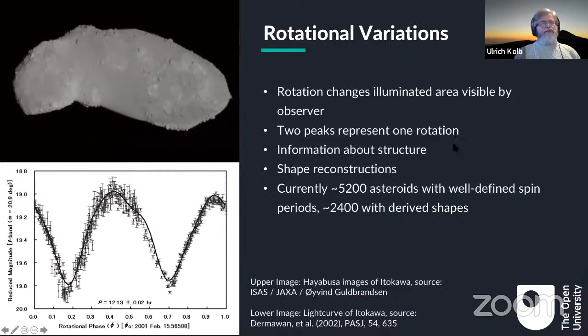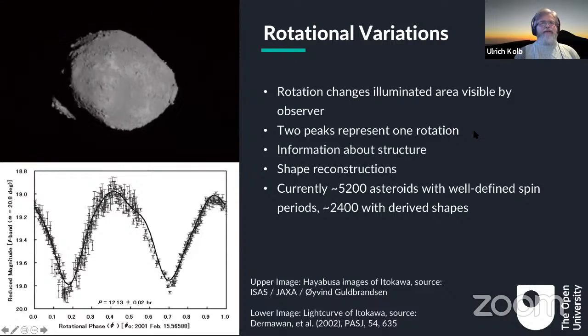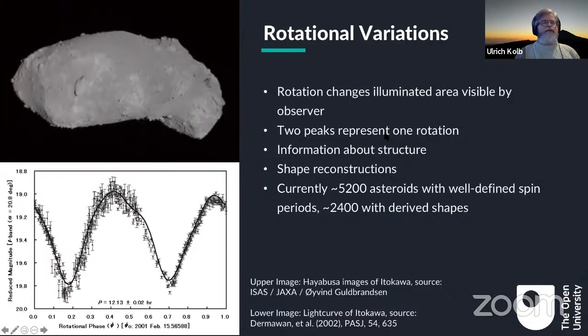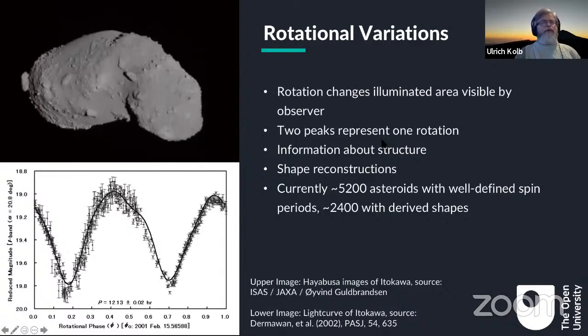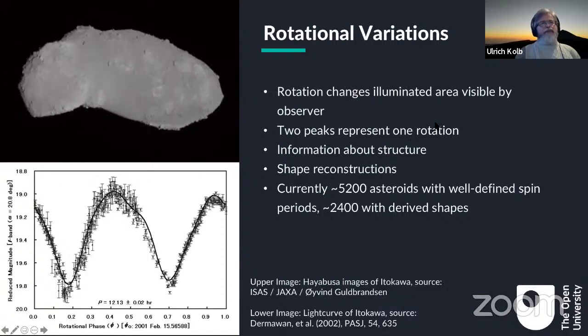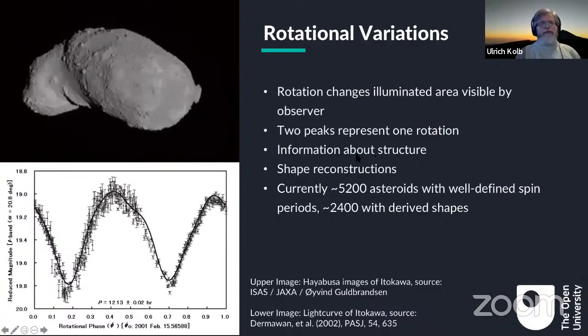So these asteroids, and they are not always nice and spherical, rotate. And depending on what shape is facing the observer and what the surface is made up from, you will see different reflected, re-emitted light, so different light shining back to the observer.